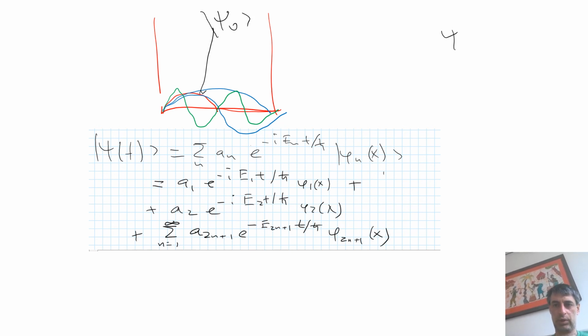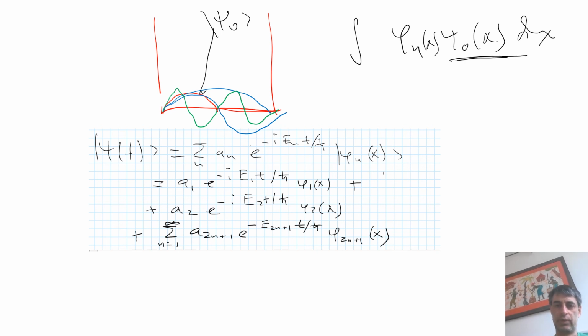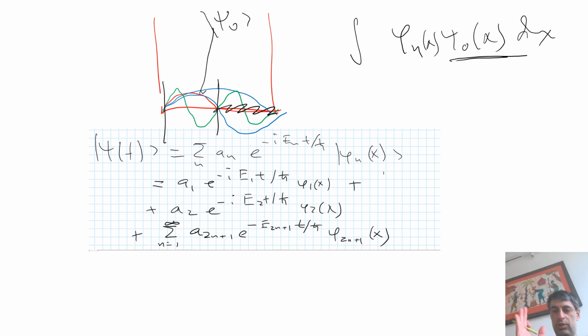And the integral you're trying to compute is the integral of these things and psi of n. Because psi of 0 vanishes here, this integral is basically reduced to the integral here. And now you see you're back to computing overlaps between different functions on the space of the original problem.